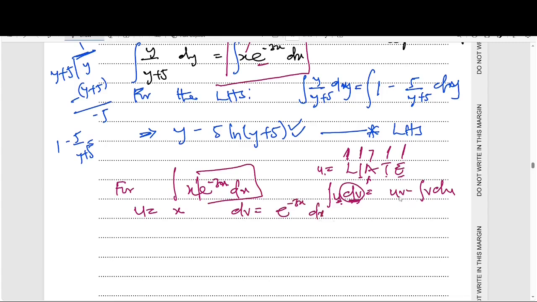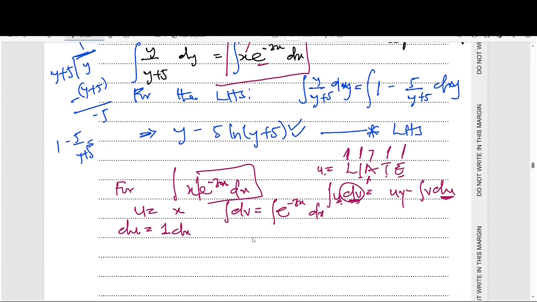And in the formula, we need to find v. We also need to find du. So we find them from here. du/dx is equal to 1, so du is equal to dx, or 1 dx. Then, since this is dv, it means there is a v function that has been differentiated. So we integrate that to find our v.